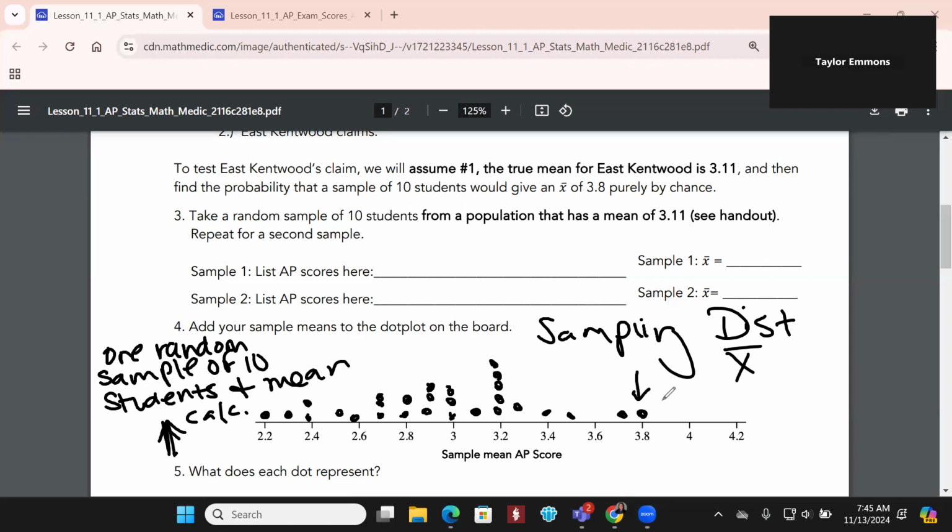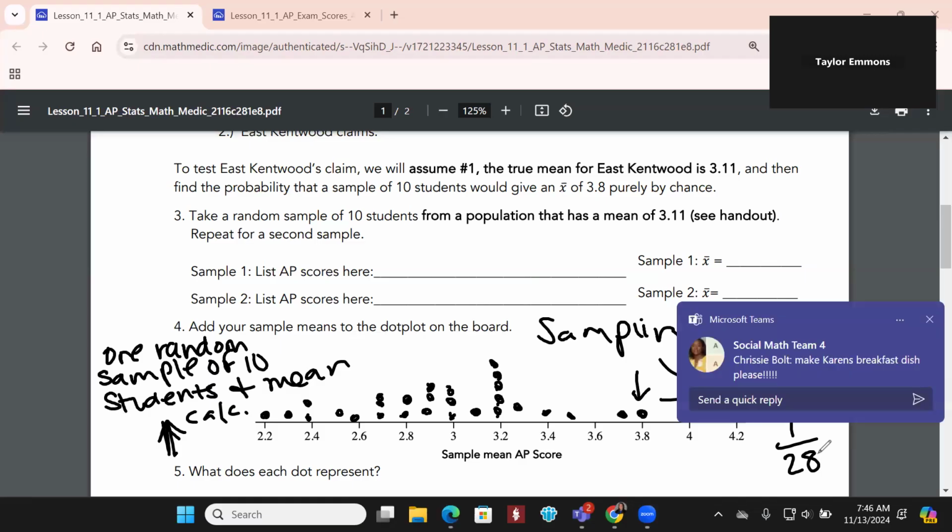So 3.8 or greater, how many we got? 1 out of how many dots we got? 1, 2, 3, 4, 5, 8, 9, 10, and so on, up to 28. 1 out of 28, which is like 0.0357. Okay. So you got a p-value of 0.0357. I mean, we could round that to 0.036. It's fine.